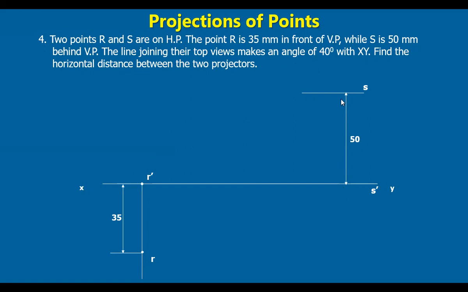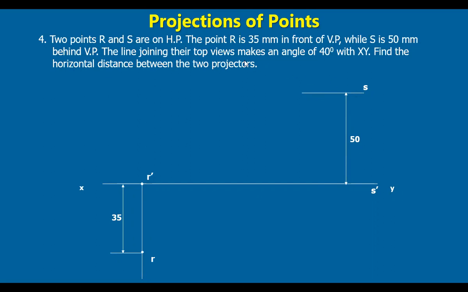Now, the top view of R is already known, and S is lying somewhere on this line, because the point S is lying behind the vertical plane at a distance of 50 mm. So the top view of S must be somewhere lying on this line. Somewhere, we don't know, right?